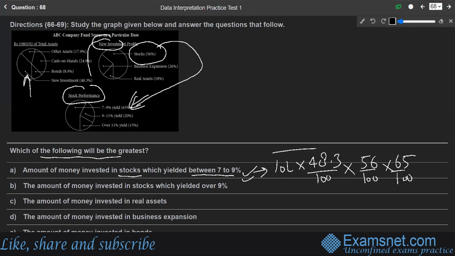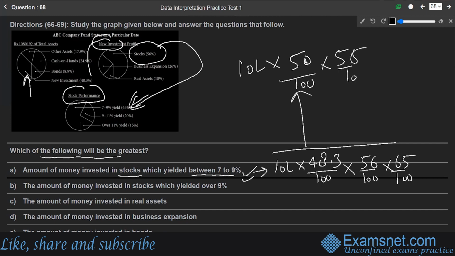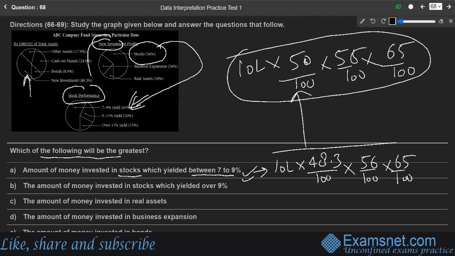So this can be approximately written as 10 lakh into 50 by 100 into 55 by 100 into 65 by 100. This can be approximately written like this. And obviously we are supposed to compare, so we're not going to solve this completely. We'll try to compare it by just seeing the numbers and the expression itself.